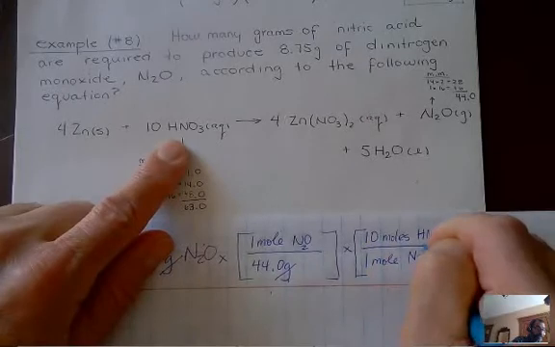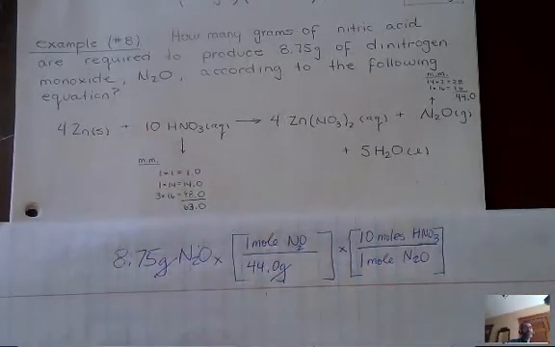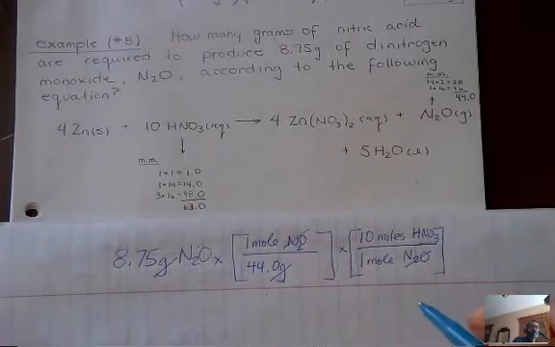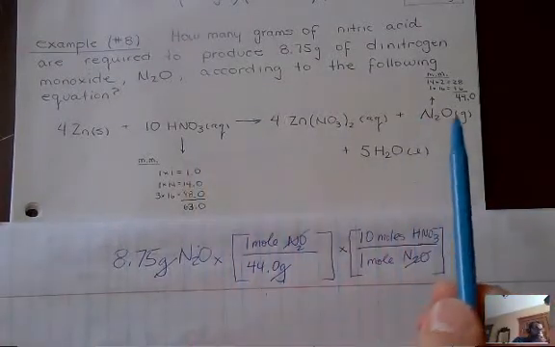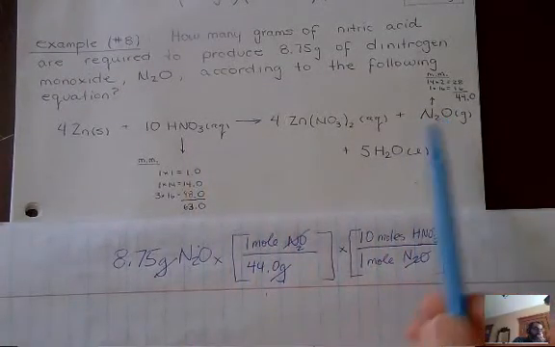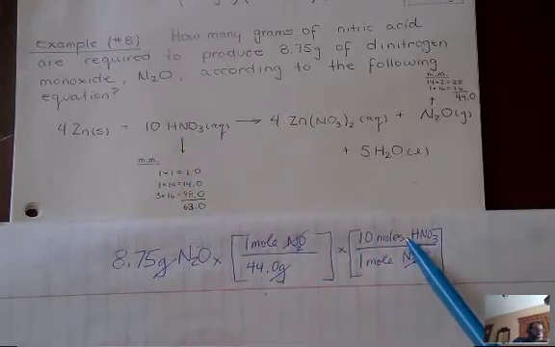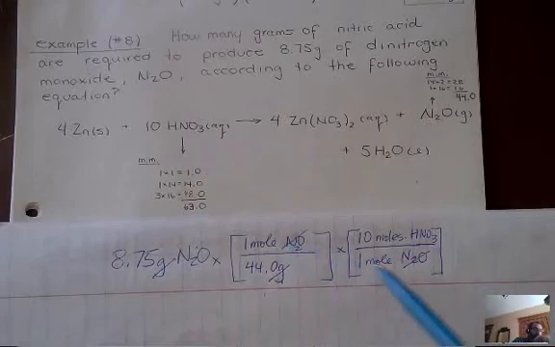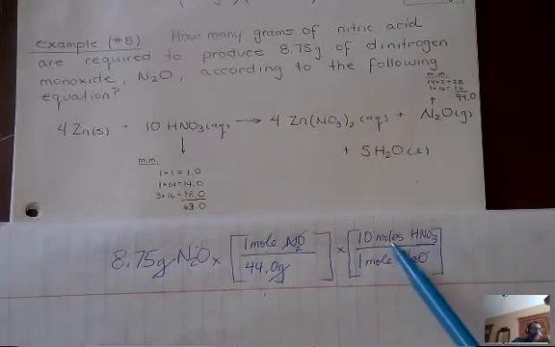Got to dump a lot of nitric acid in just to get a little N2O. Goodbye moles of N2O. So what was my motivation? I always put the thing that I want to get to in the numerator and the one that I want to get rid of in the denominator. So that's why it cancels over here. If I would put an equal sign here and do the math, I'd be left with moles of nitric acid.